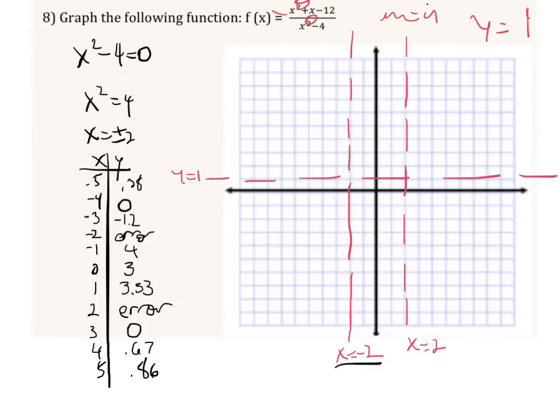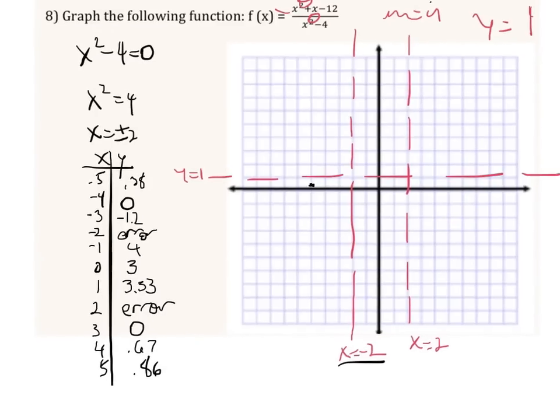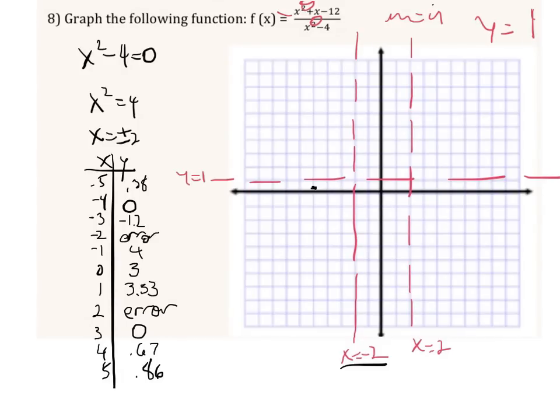So -5, 0.38, -4, -4 we're at 0, so we're right, oops, let me get my pen, we're right here.